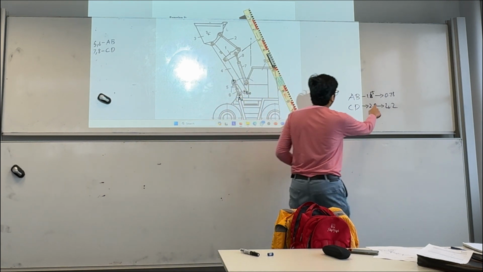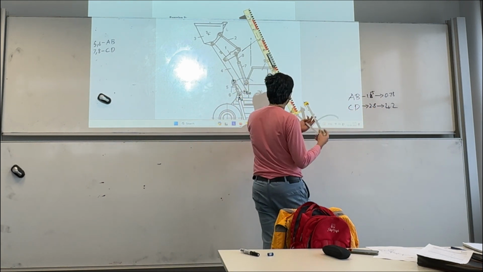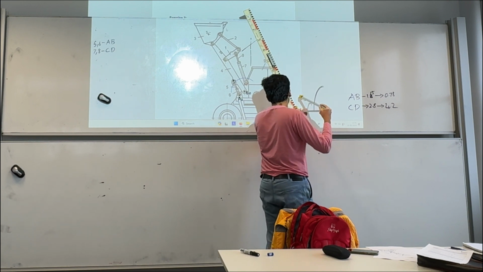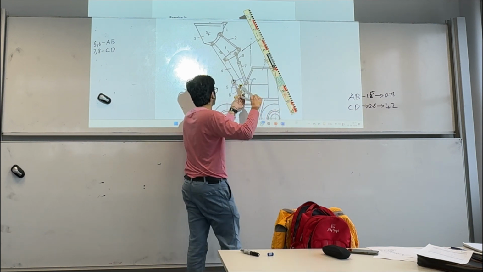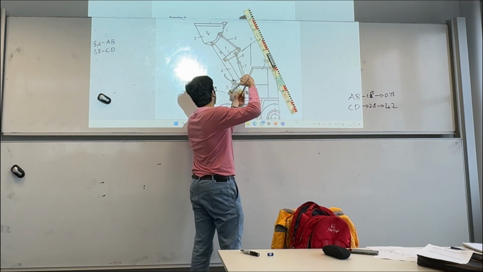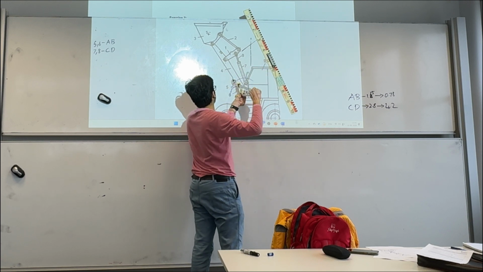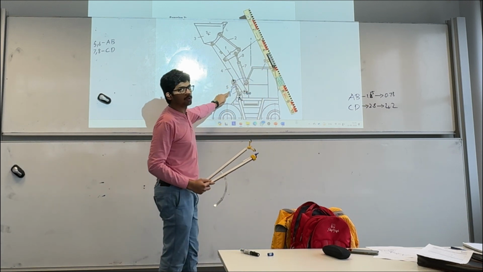And then the other arc I have to measure is AB, the new length is given. That is the new A1 point.